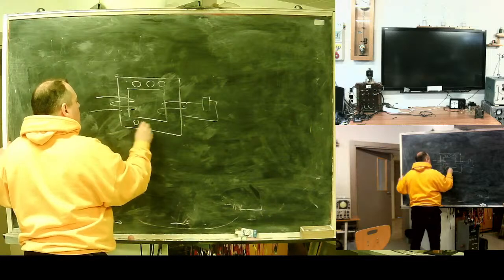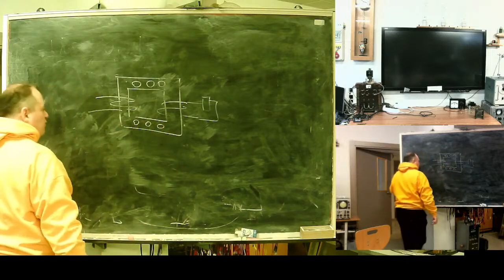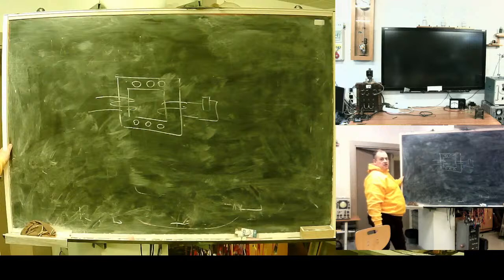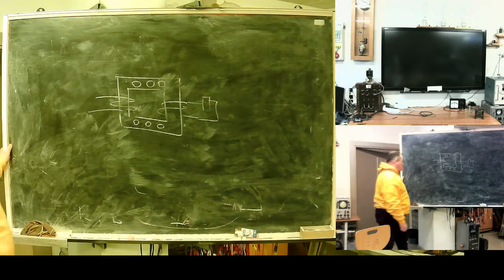For example, you can drill a set of holes. This is a transformer with a saturation zone.